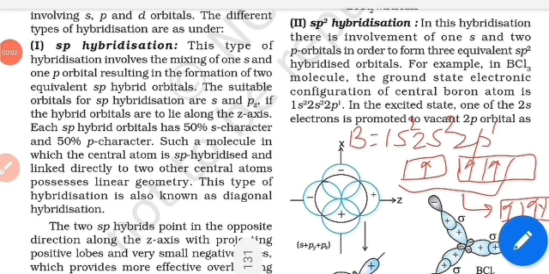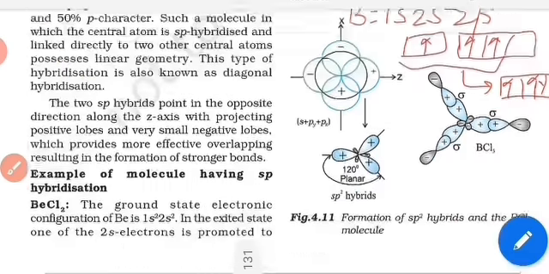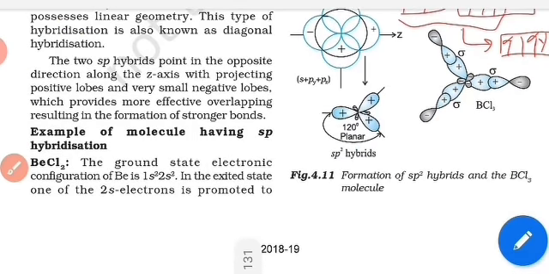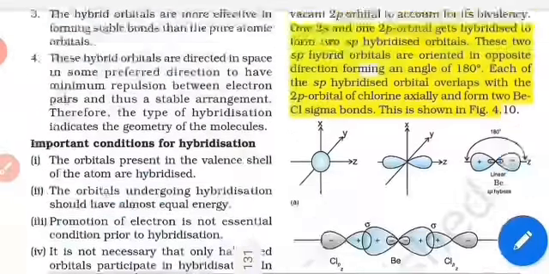Now next hybridization is sp hybridization. This is the hybridization in which one s and one p orbital undergo hybridization process and they produce 2 hybrid orbitals. Let us understand this by taking example of BeCl2 molecule, beryllium chloride.